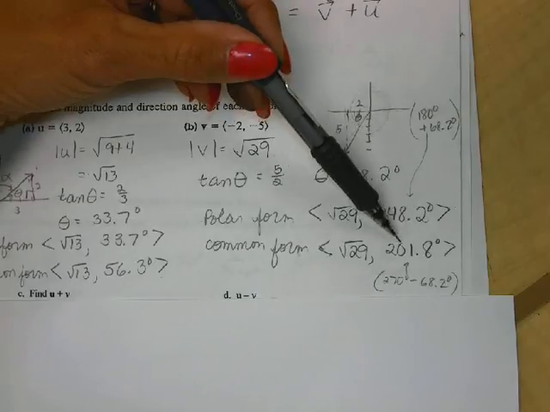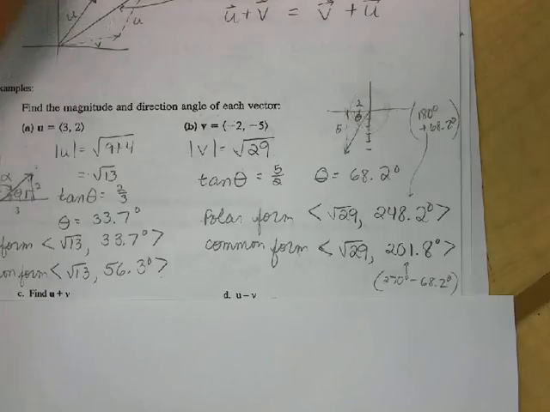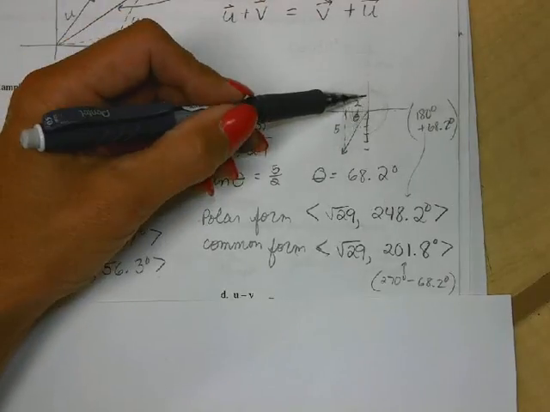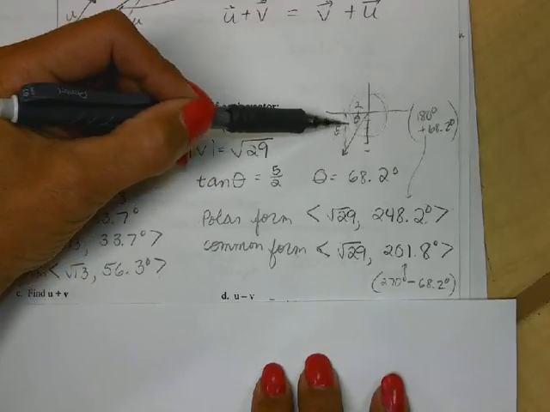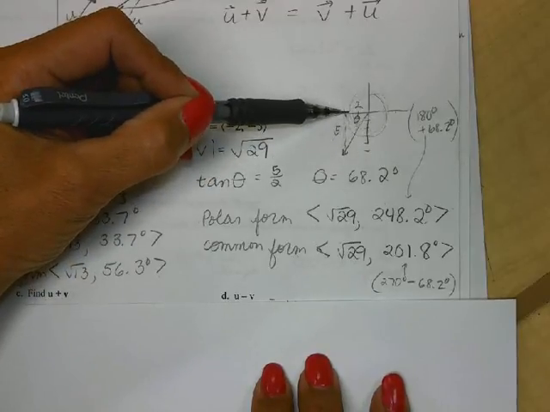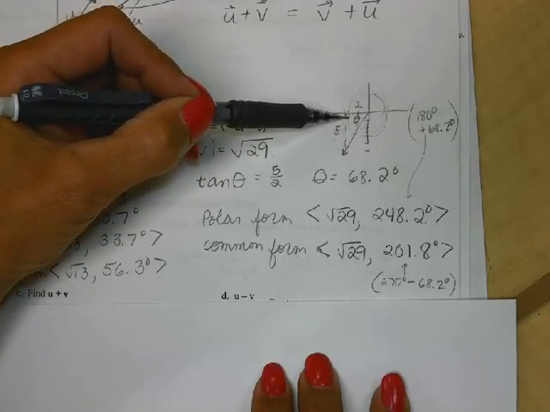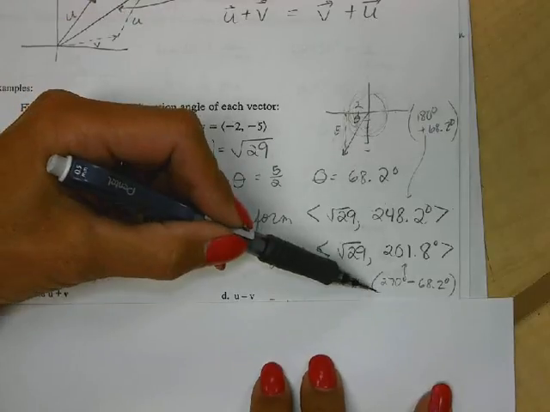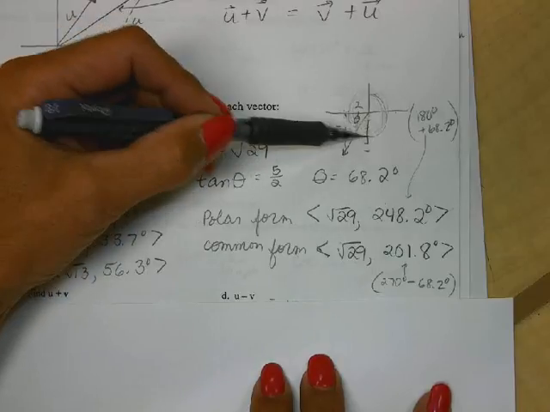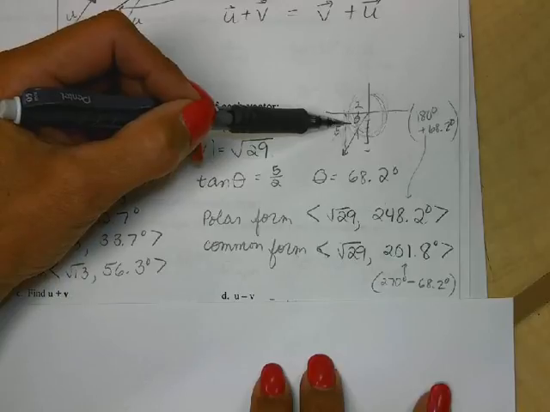we need the magnitude of the vector here, and then we're going to need the angle but referenced from north and going clockwise. So I can do a couple different things. I can either rotate around and say all the way to here is 270 degrees, 90 plus 90 plus 90, and then I am shy of that by this theta, so take the 270 degrees less the 68.2 degrees, and that would help me find this angle.